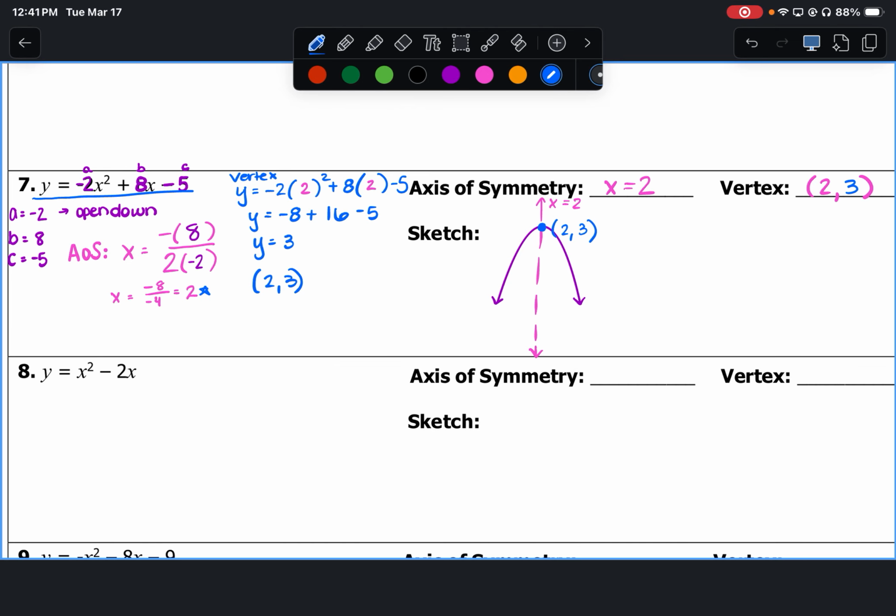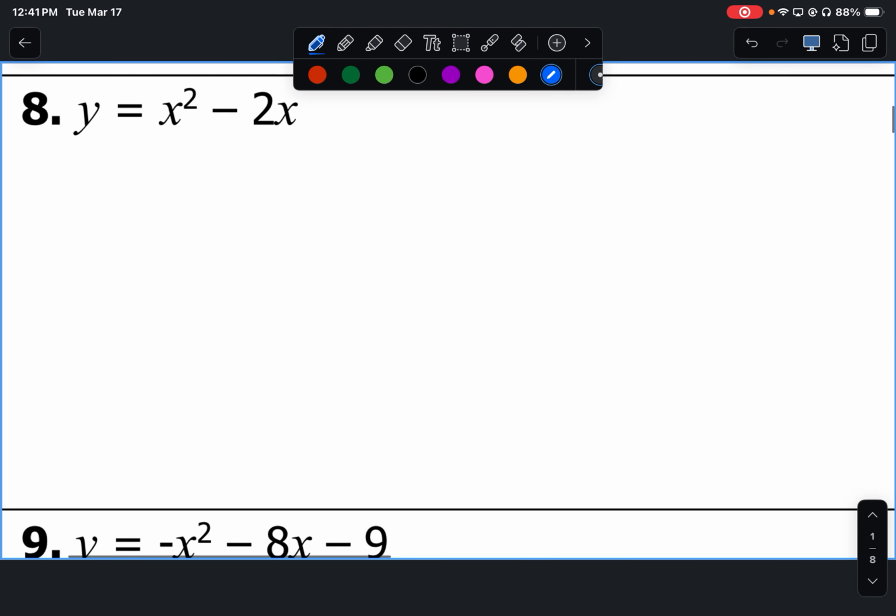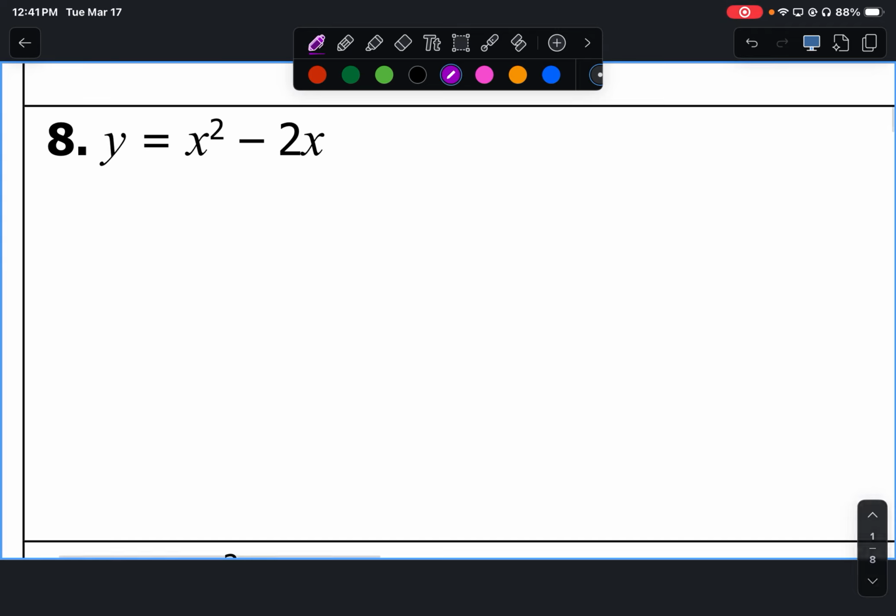All right. Now we're going to look at number 8 together. For number 8, there's only 2 pieces to it. What is our A value for number 8? 1, because it's understood to be in front there. So that automatically tells us it opens up.